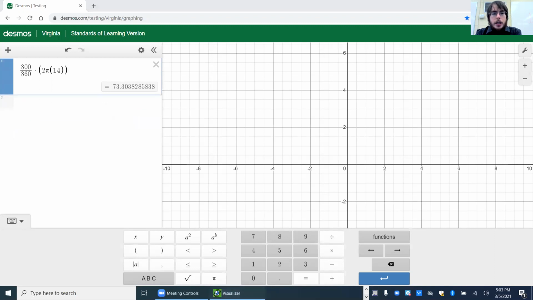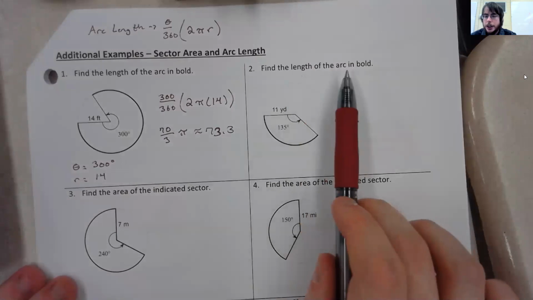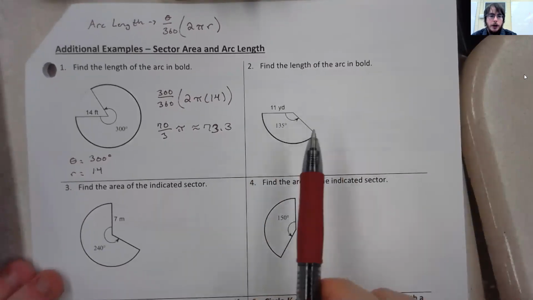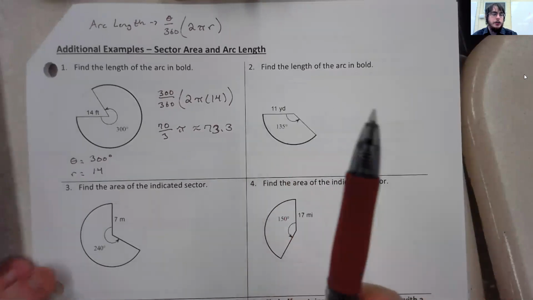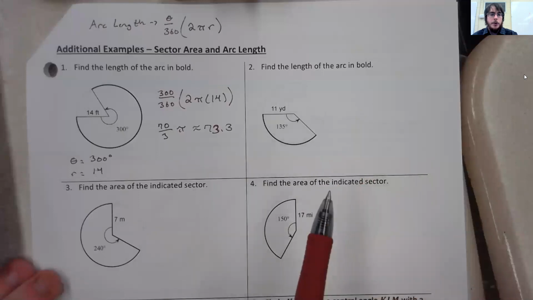All right, so let's look at number 2, and you can go ahead and try number 2 if you like, and then see if you get the correct answer. So number 2 says find the length of the arc in bold. So again, we're looking for arc length. So we need to know 2 things. First is our theta, and the other is our radius.